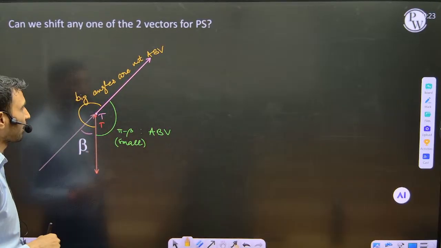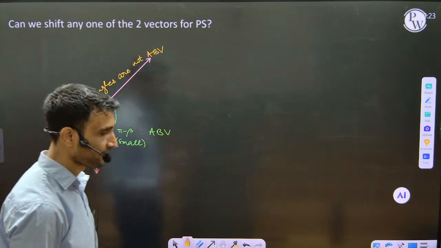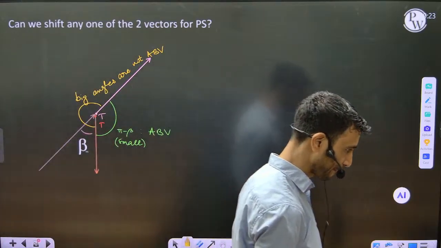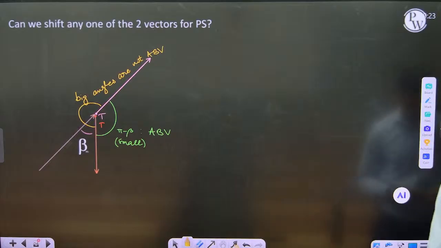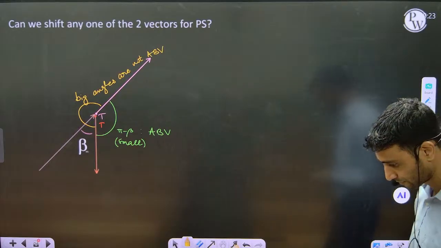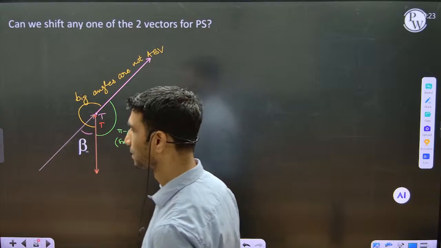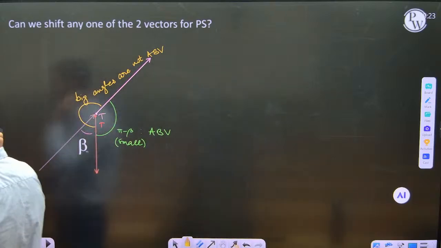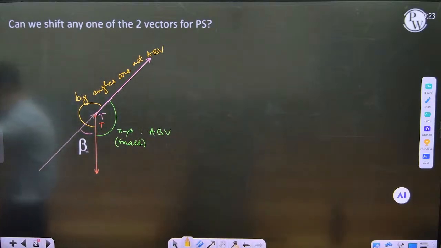Small angles are the angle between vectors. Right? So it's very important to understand what the angle between vectors is. Write it down.